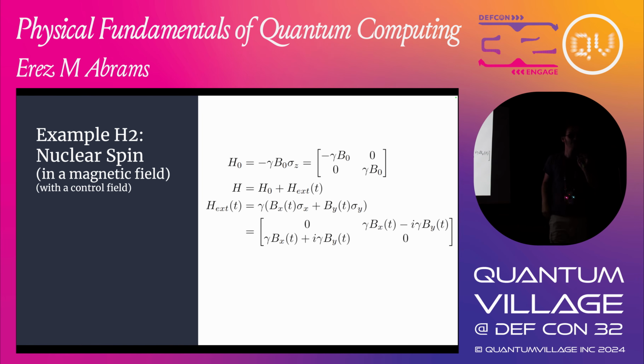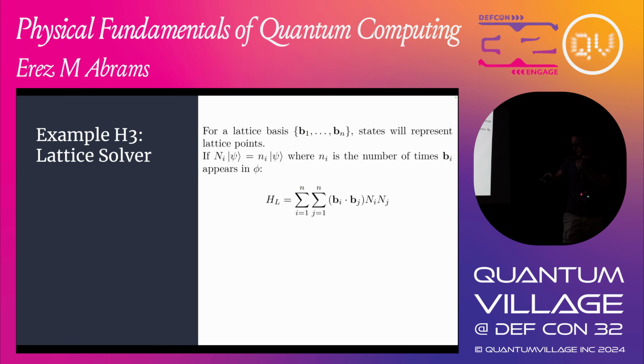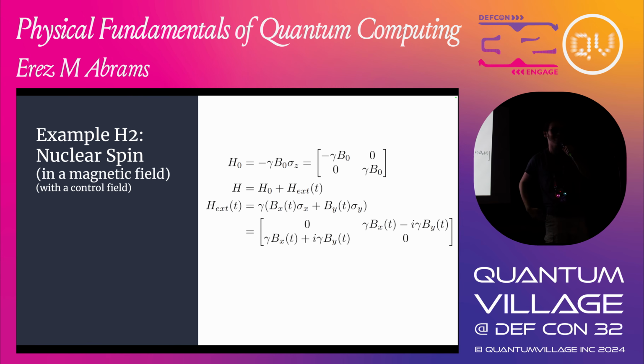Something that's changing with time. And so we get this external Hamiltonian that, again, adds some interaction between these, like, up state and down state, or whatever you want to call it, right? And I hope I have more on this slide. I don't. Okay, wonderful.